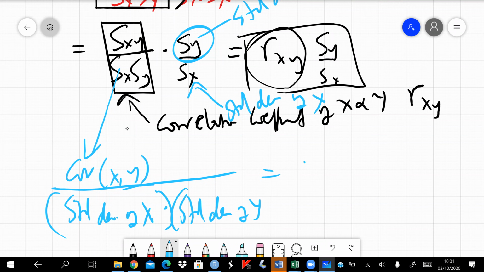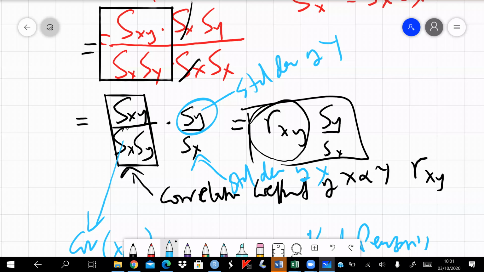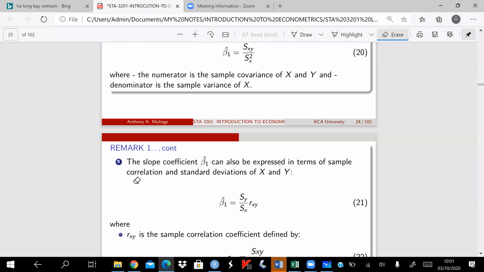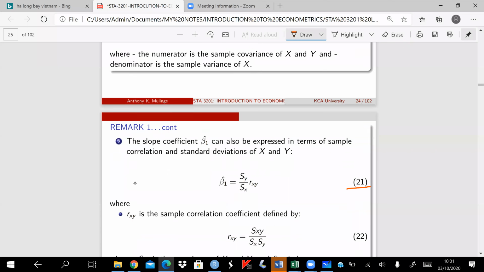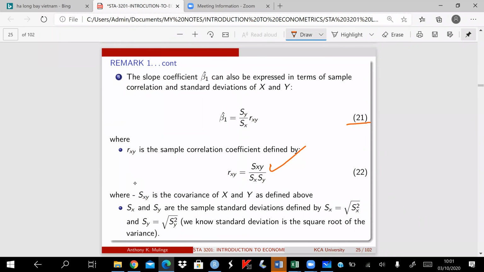This is the Karl Pearson's correlation coefficient. So you can have different versions of the estimate for beta 1. You can also have equation 21 there, which is doing the same job as the others. So I think the derivation has been shown.